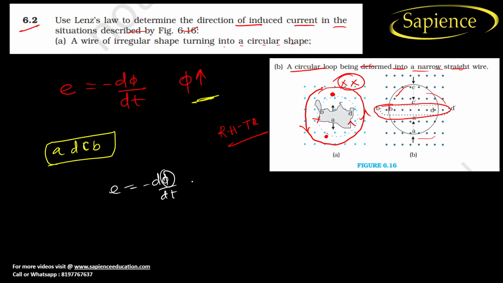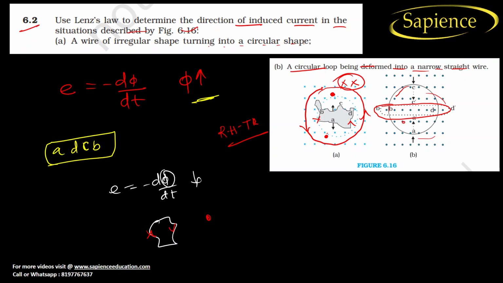Now flux is decreasing, so it should oppose. When the size is decreasing, the direction of current should be in such a way that it increases the magnetic field. Increase the magnetic field means what happens?